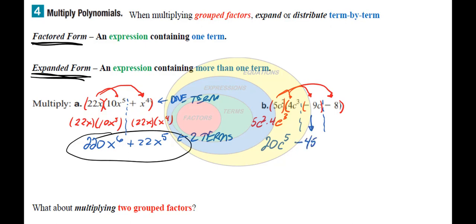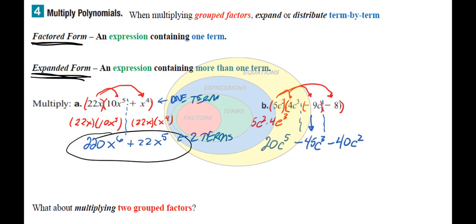And then c squared times c would be a total of 3 c's. The last term is 5c squared times negative 8. Negative 8 times 5 is negative 40, and then I have c squared as my other factor.